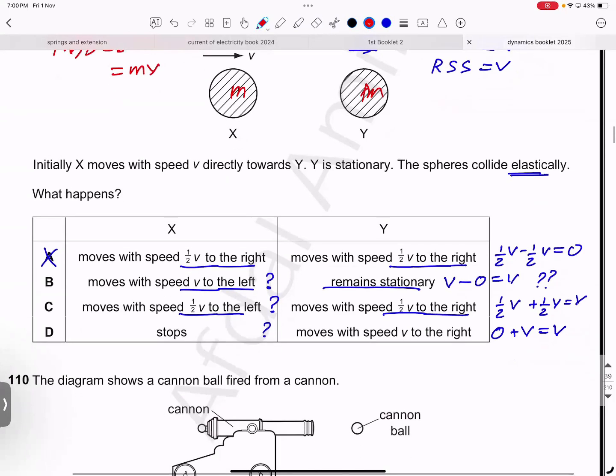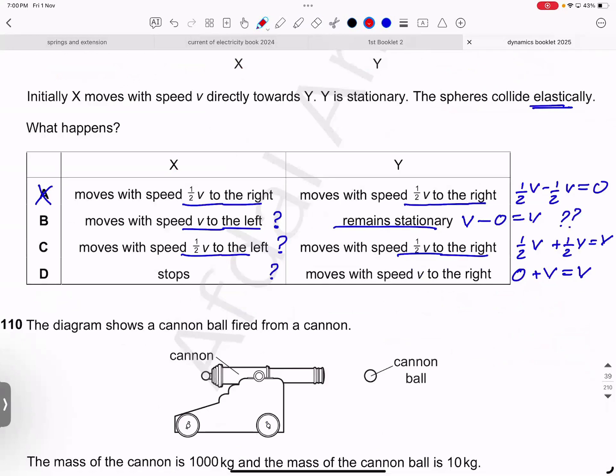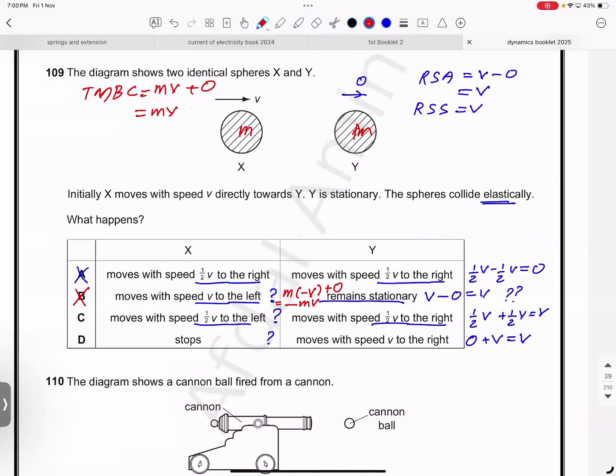Now let's check B, C, D. For B, V to the left: M times negative V plus 0, negative MV. Is this the same? No. Before collision, momentum was plus MV. In B, after collision, momentum is negative MV.